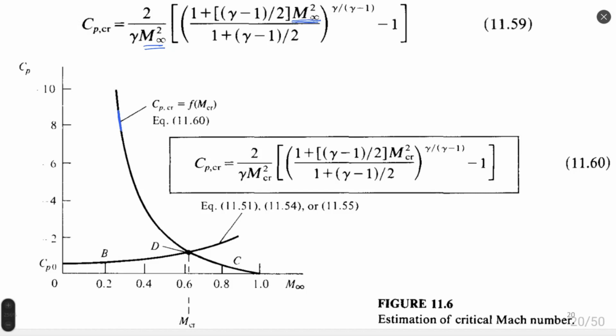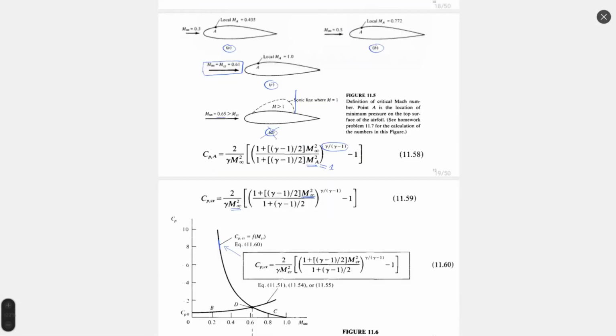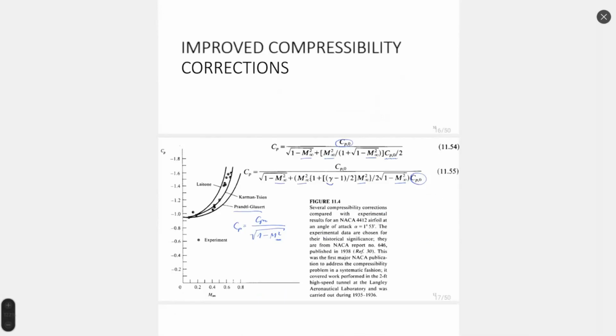Another equation we will use to find our critical Mach number is the compressibility correction, equation 51, 54, or 55. These compressibility corrections we just saw in the previous discussion.